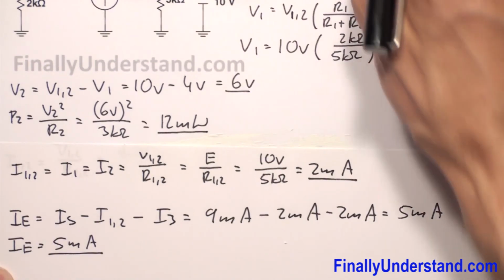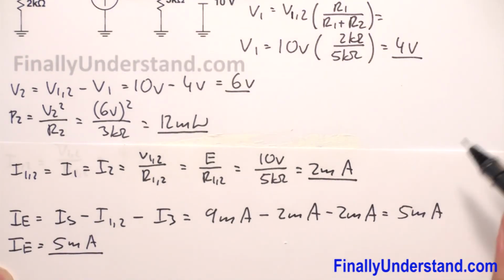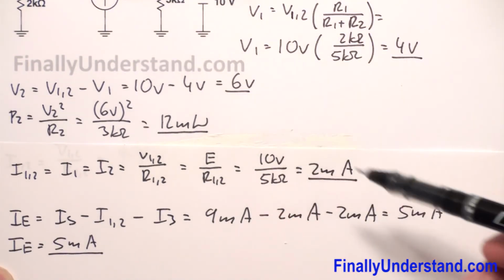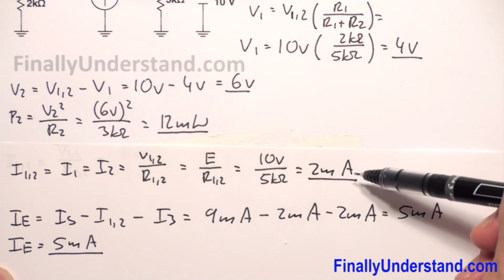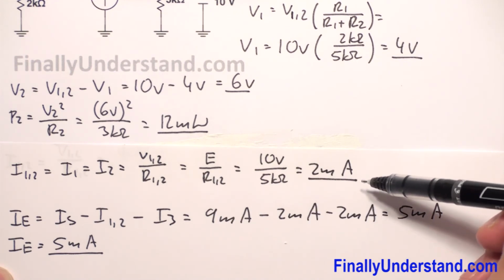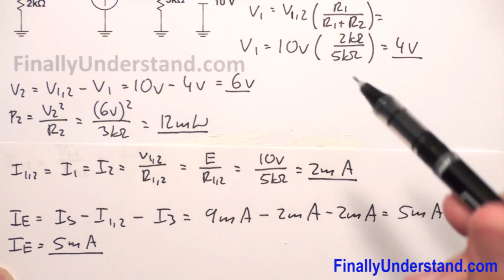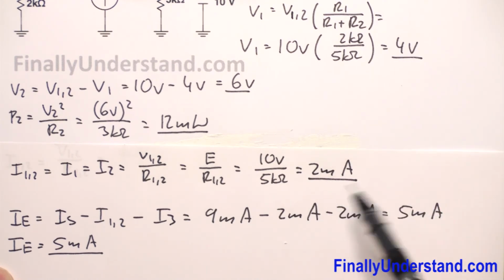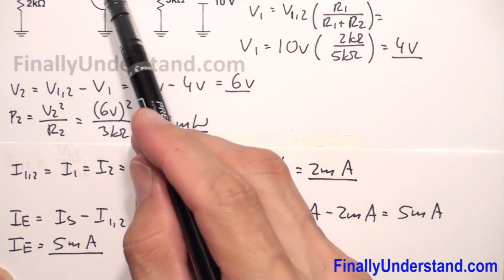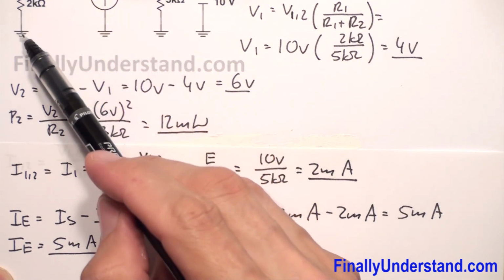Okay, so why is it so? Because all values which I obtain are positive. If it comes to the currents, we get positive. So it means that the current goes to the ground.